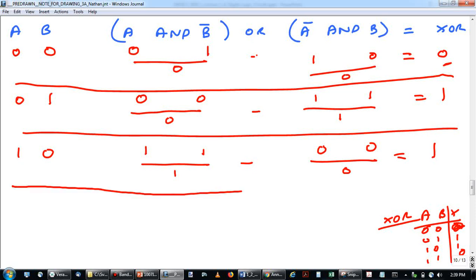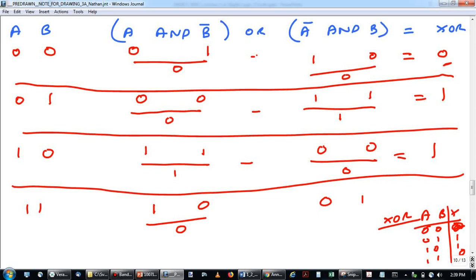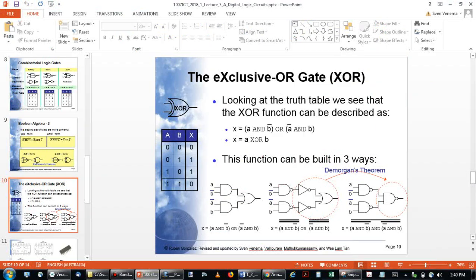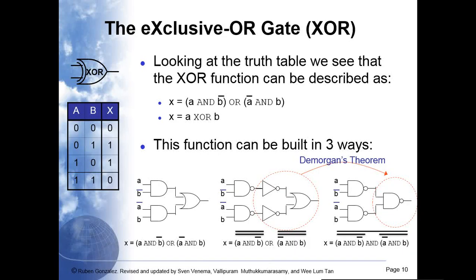Now the last one, hopefully you can already see that it's not going to be a 1 for the output because at least one of these values in here will be a 0, right? So let's have a look at it. 1 and 0 is 0. 0 and 1 is 0. 0 or 0 is 0. 0, 1, 1, 0. In my truth table here, 0, 1, 1, 0. Does it match? Yes. Can you see that this Boolean algebra, this statement, x equals a and not b, or not a and b, is an English-like way or a mathematical way to write what that truth table is representing.